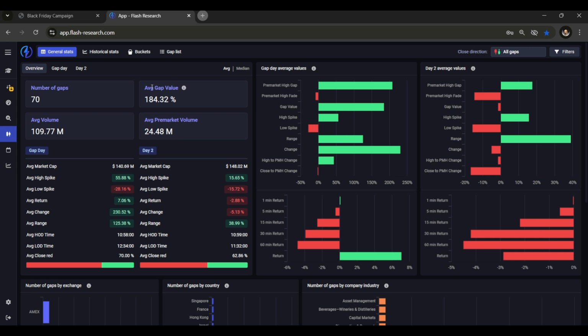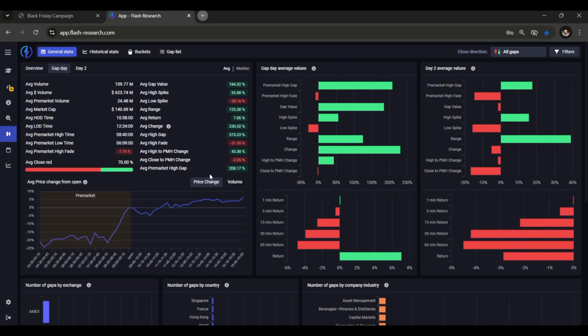This is so cool for taking out of the equation the big outliers that distort the statistics a bit. You can come here to the gap day and see the actual chart of what it did. This is all those 70 charts combined, and they create this on average.